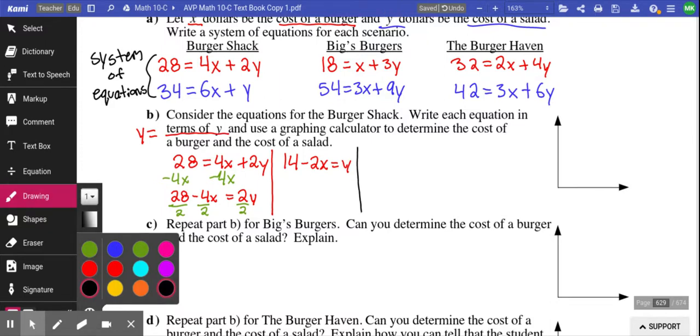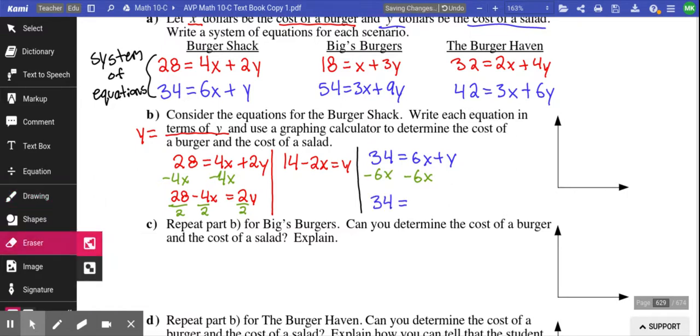That's going to be your red equation. Your blue equation, you can try to move it on your own, so it'd be good practice. The way you would move it is you would subtract 6x from both sides, and you get 34 minus 6x equals y.